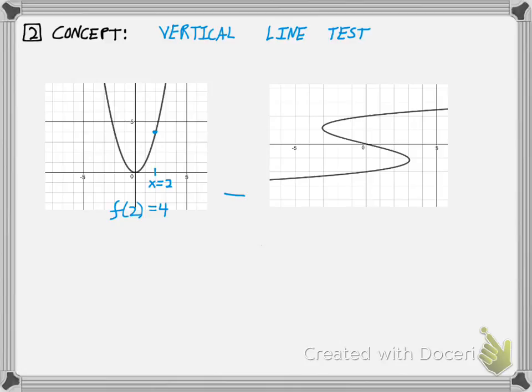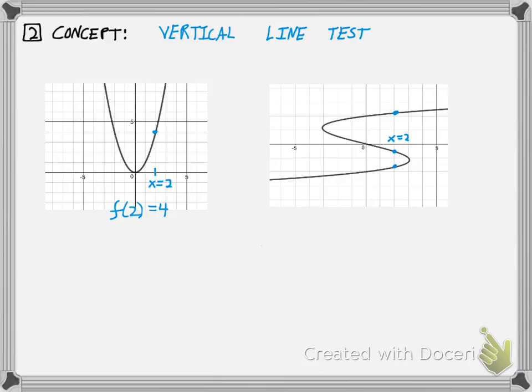No matter what value I picked, you hopefully would see that there is only one output for any given input. If I look at the graph on the right and do the same thing, for x equals 2, if I look at the outputs, there's actually 3 possibilities. And that's a problem because, again, a function can only have one output for every given input.